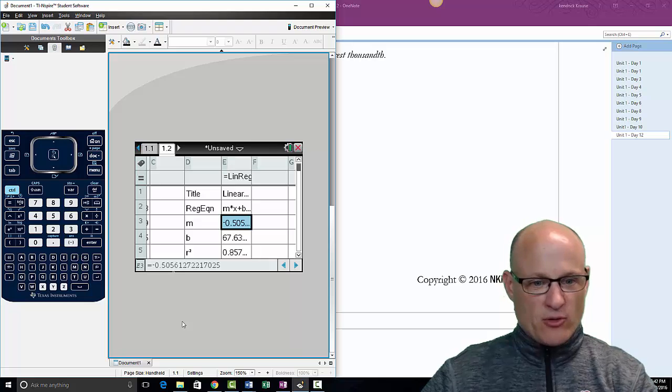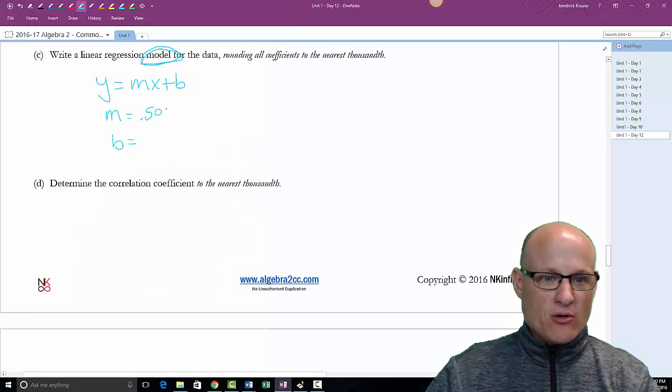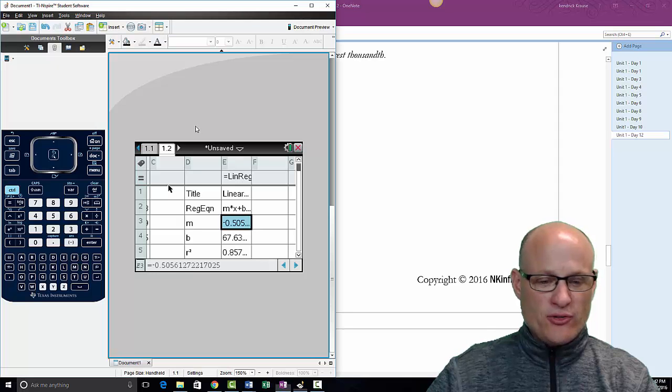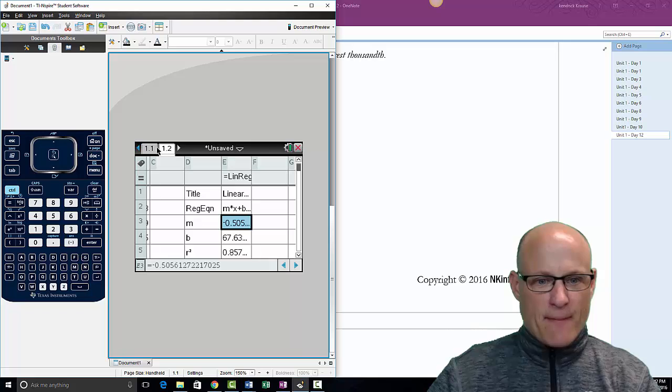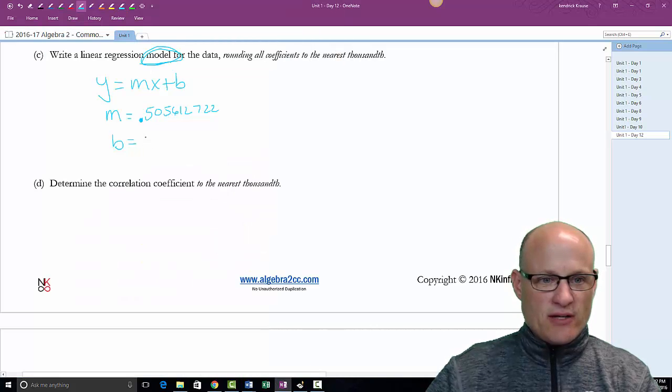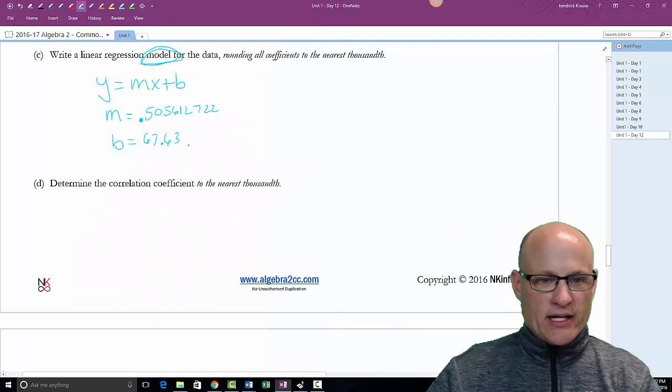So 0.505612722. That's probably enough numbers. And that shows the greater accuracy that you get from using your calculator. And then the b value is 67.6318989.